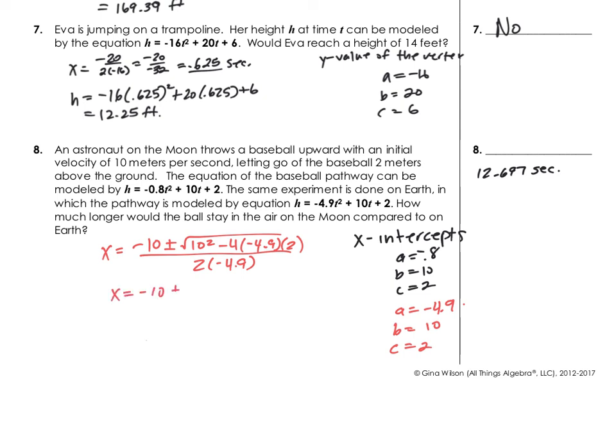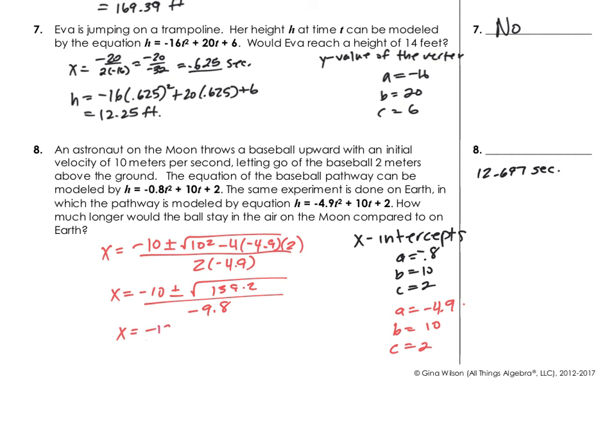The denominator is 2 times negative 4.9, that's going to be negative 9.8. Now let's simplify the discriminant. 10 squared minus 4 times a, which is negative 4.9, times c, which is 2. And I'm putting it in my calculator just like I wrote it there. And I get 139.2. And the square root of 139.2 equals 11.798.